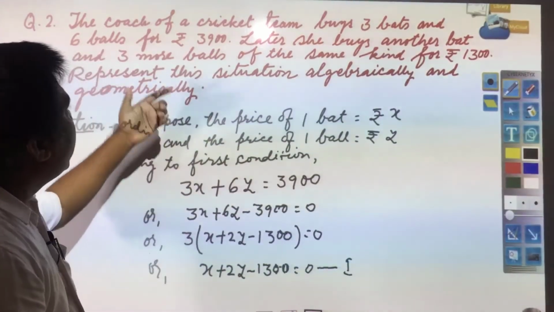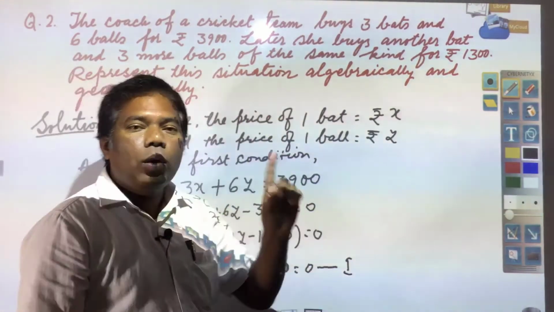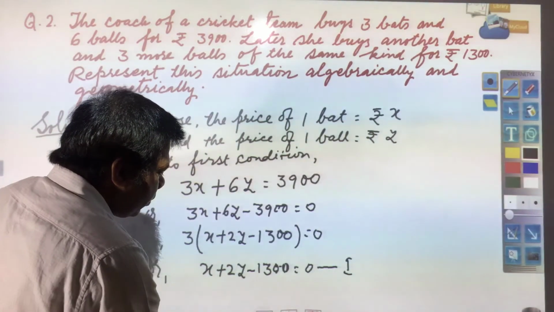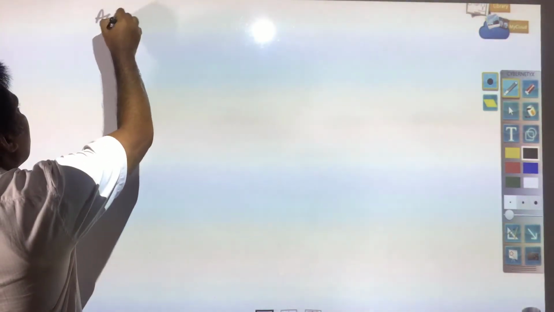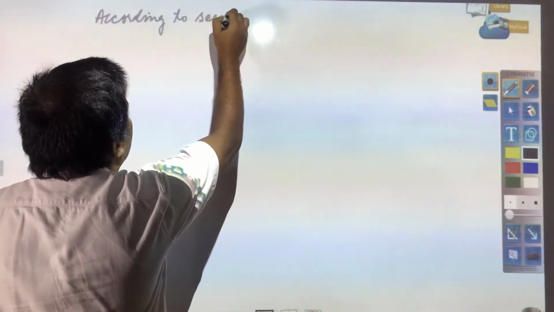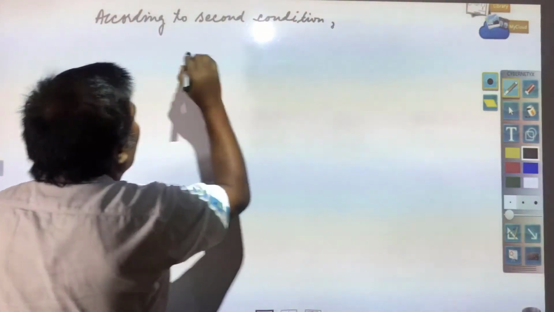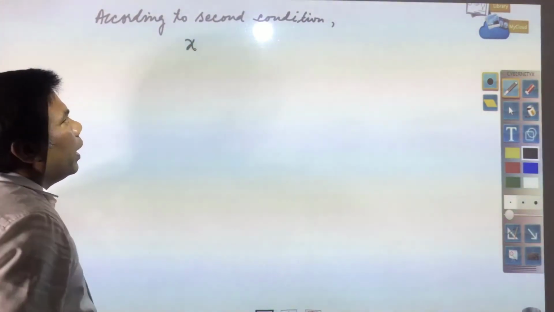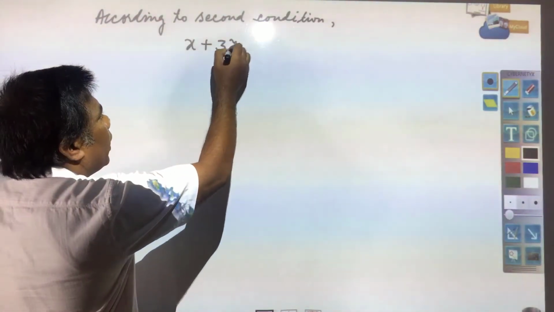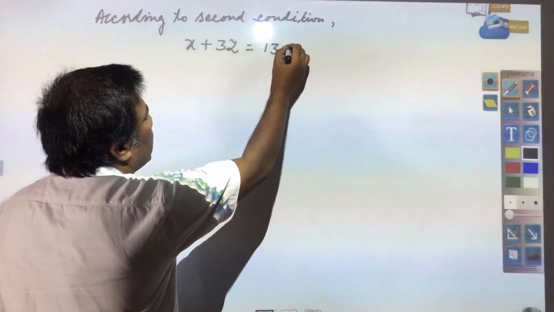Next equation: she buys another bat and 3 more balls, it means 1 bat and 3 balls. So, see how we will form the equation according to the second condition. One bat means x into 1, plus 3 balls means 3 into y, and she is paying 1300 for this.